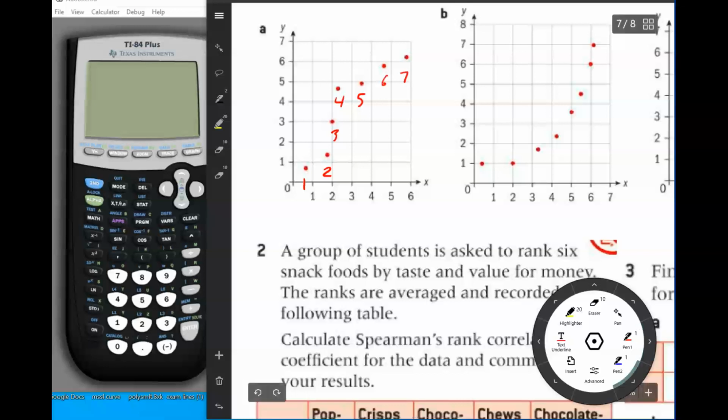If we did similarly with the y value of each one, you can see that actually it would also be 1, 2, 3, 4, 5, 6, 7, right? So in this particular case, we have, again, perfect positive correlation because they're in the exact order from the x point of view and from the y point of view.